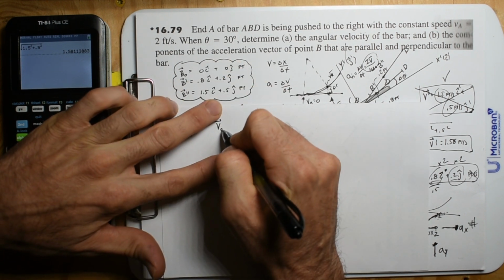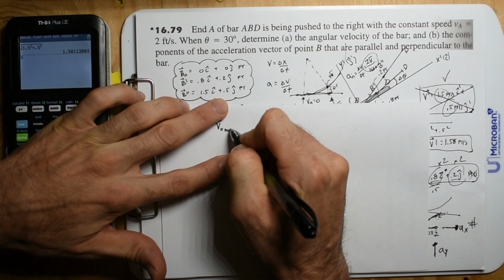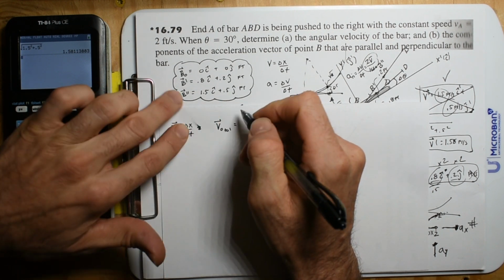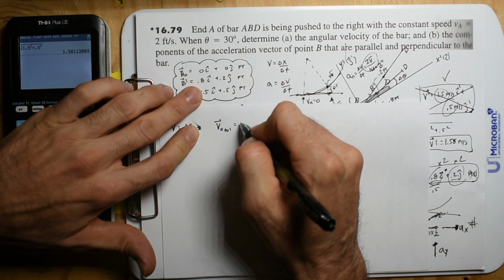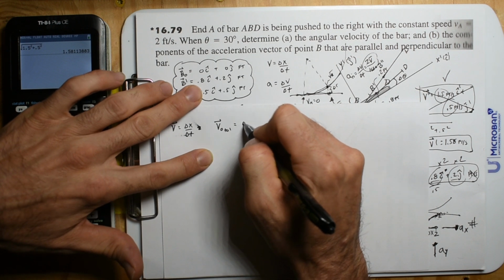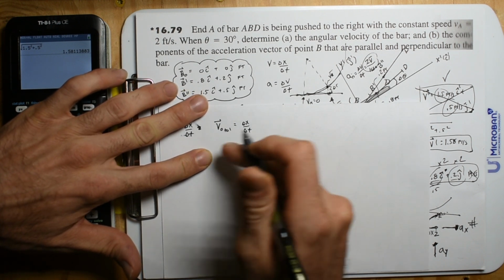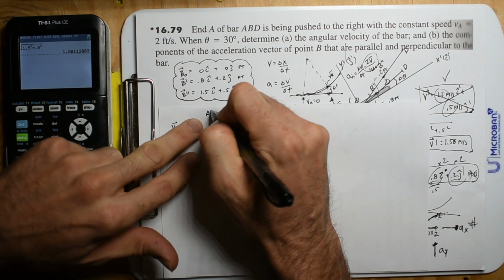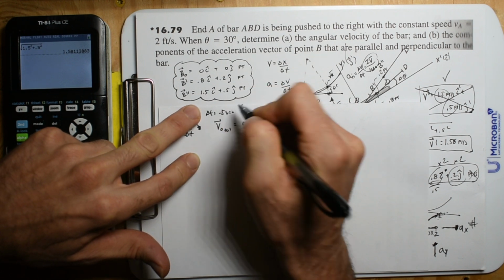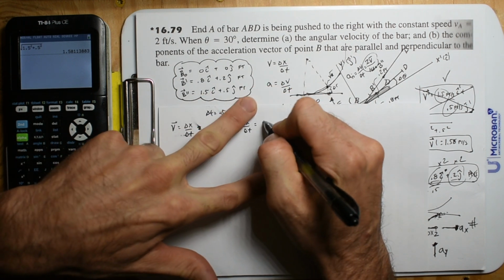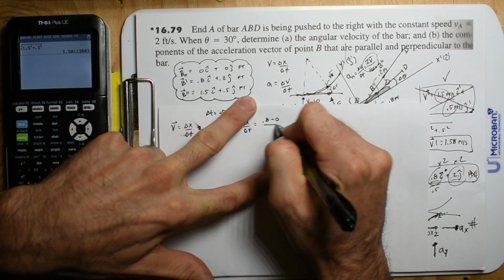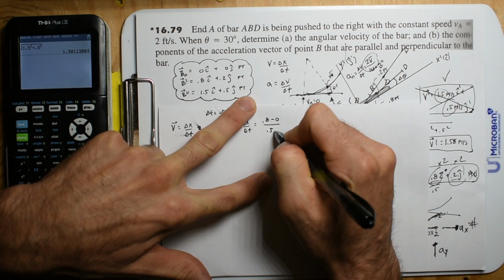So we're going to say 0, and maybe you just spell it out, 0 to 1. And we're going to take the difference of these. So again, it's change in position over change in time. Don't forget about that change in time part. Our change in time was 0.5 seconds. So we're going to have 0.8 minus 0 divided by 0.5.